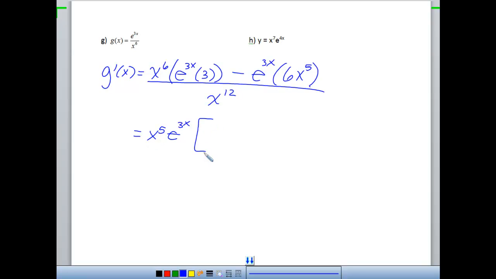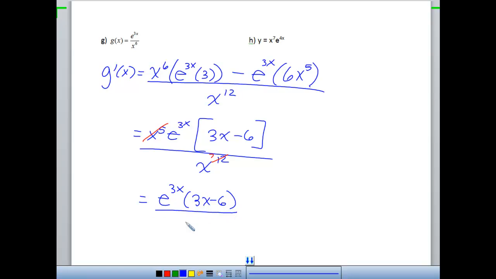Okay. So if I do that, we get 3x minus 6. Now I can cancel x to the 5th with x to the 5th in the bottom. That gives me x to the 7th. So I get e to the 3x times 3x minus 6 all over x to the 7th.